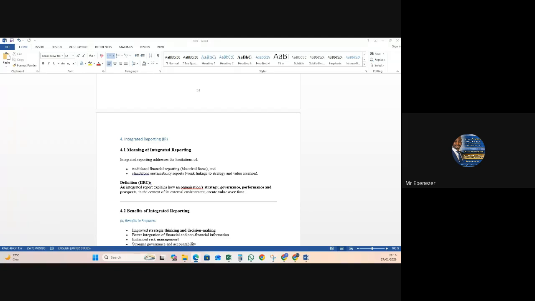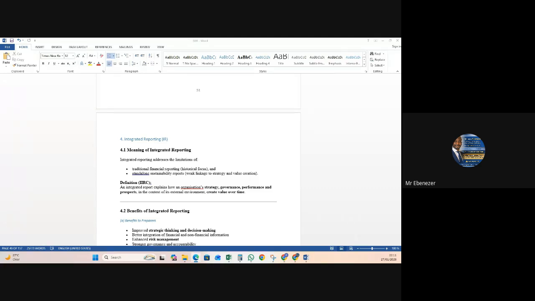What we are trying to do here is understand how your strategy affects your external environment, and how the governance of an organization affects the external environment. You know what we mean by external environment here?